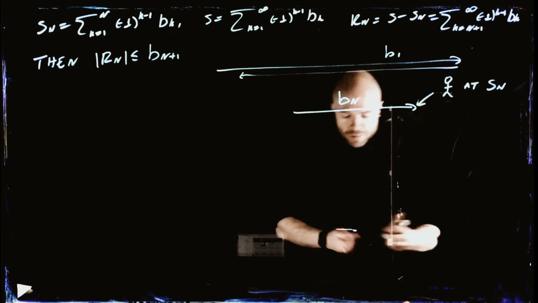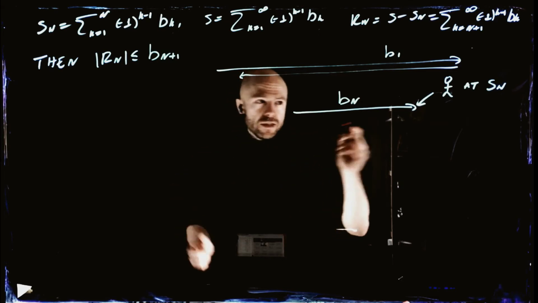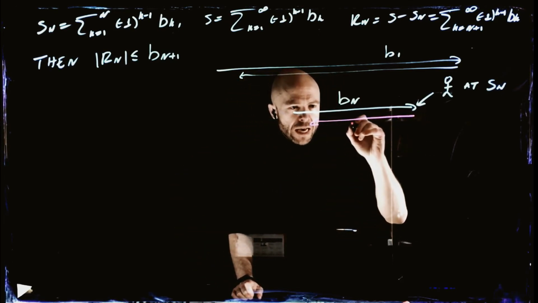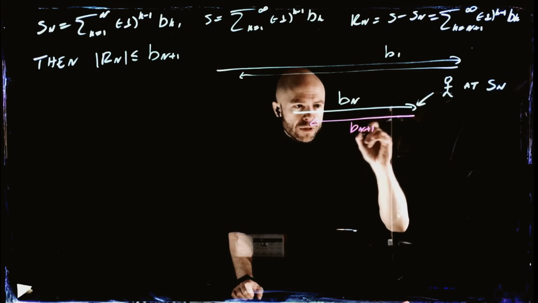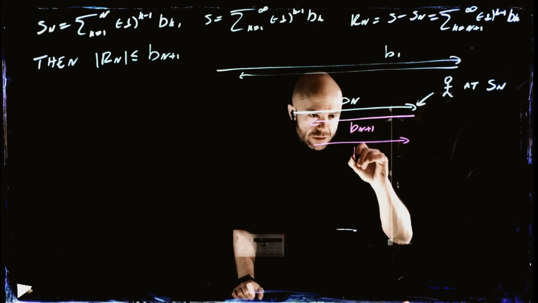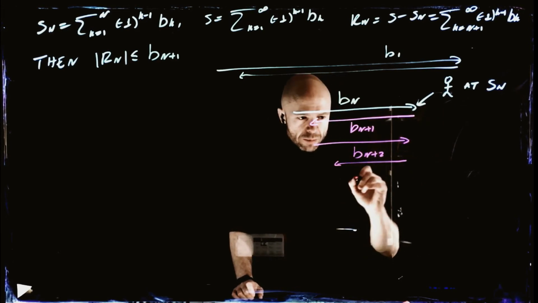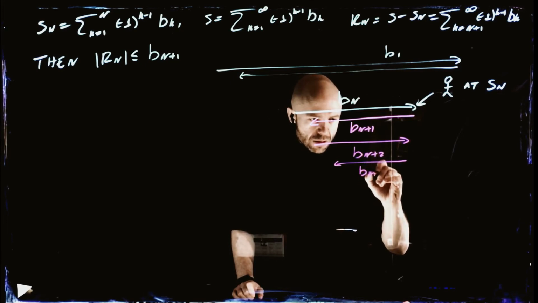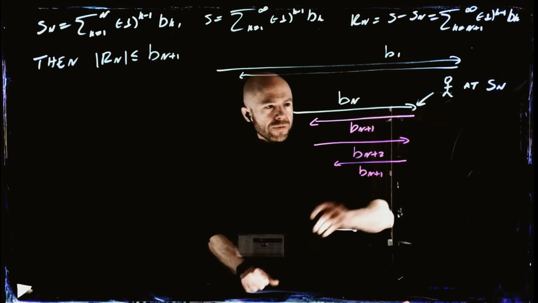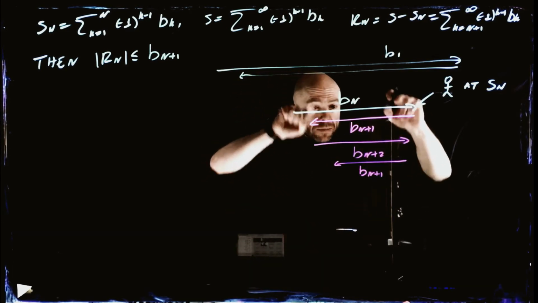But we keep going. So I'm going to change color to indicate that now we're doing these other guys. So now we're going backwards by Bn plus 1. And then forwards by Bn plus 2. And then backwards by Bn plus 3. And so on. And we saw this already, that we are trapped all the time.